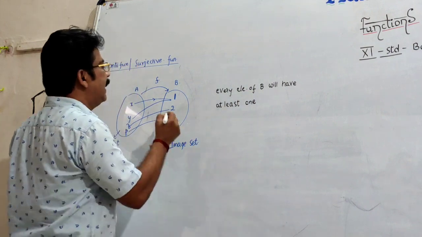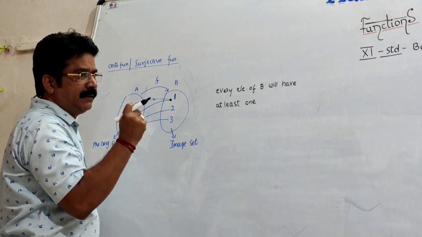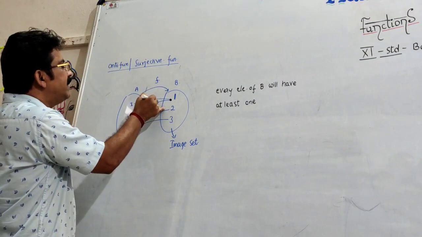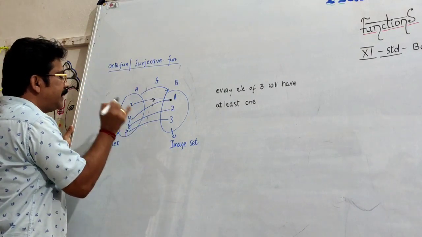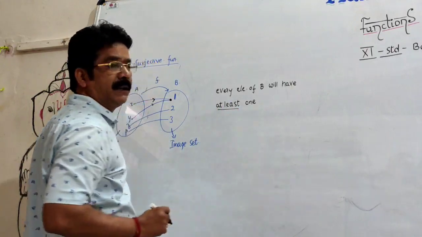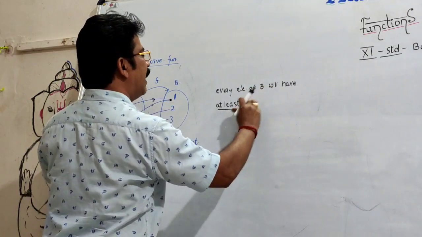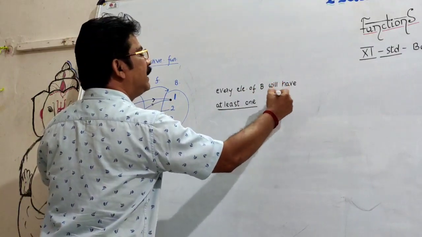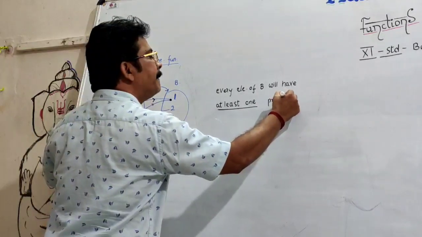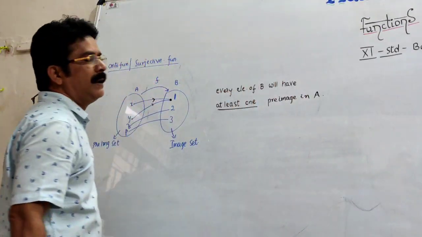At least one means actually 1 occurred as the image of more than one element in capital A. So that's why I use the words at least one. Every element of B will have at least one pre-image in the set capital A.